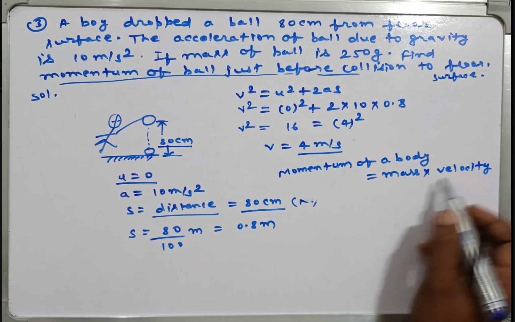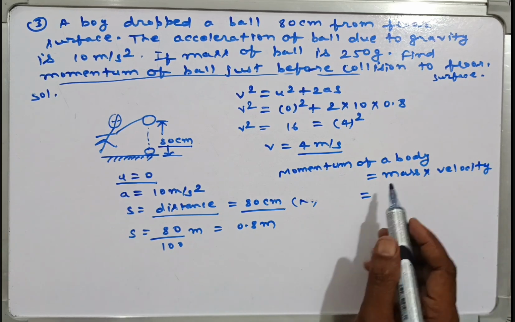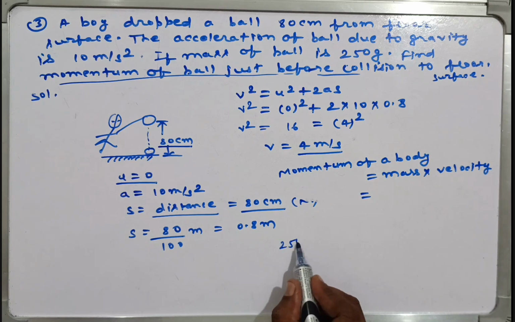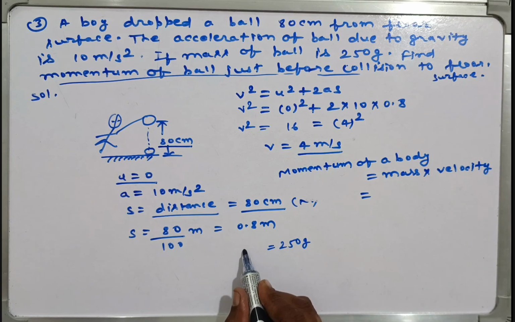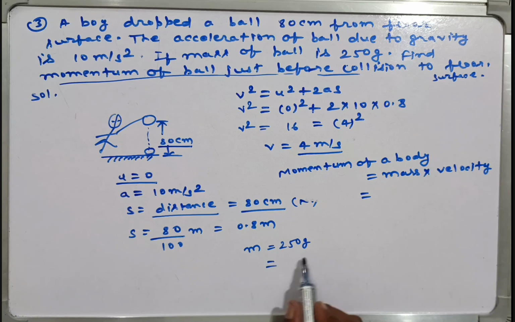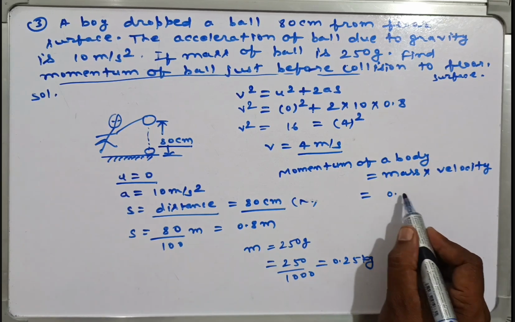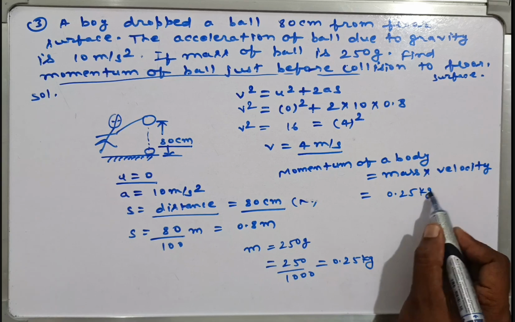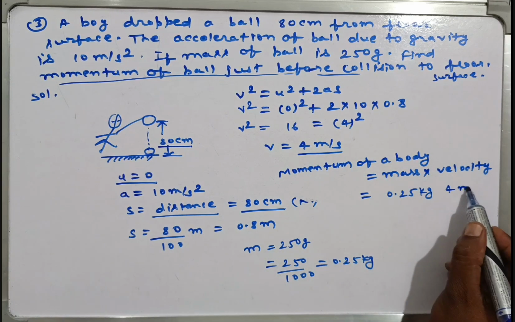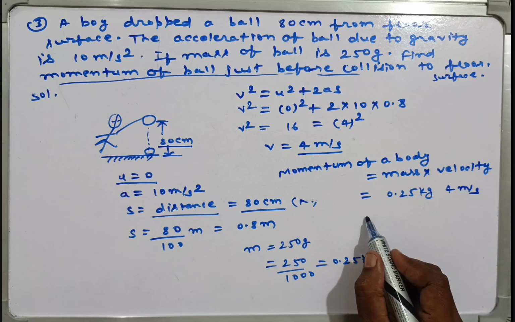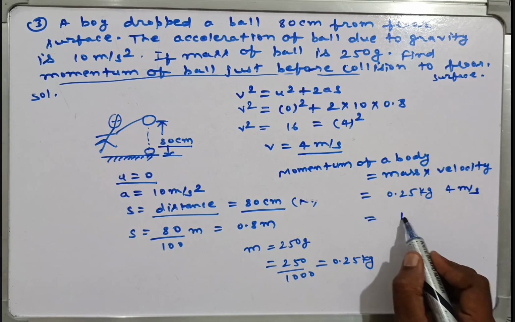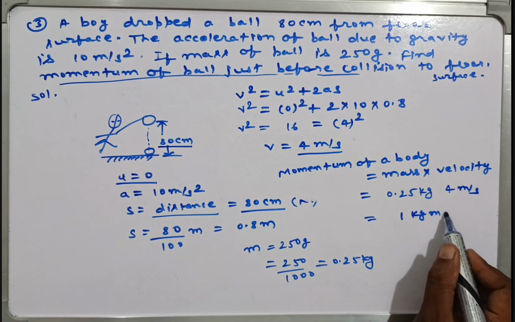Okay, the mass given in the question is 250 gram, here m, so we first convert it into kg. So divide this by 1000, so this is 0.25 kg. So we put here 0.25 kg, and now this one, 4 meter per second. So we can write it as 1 kg meter per second.